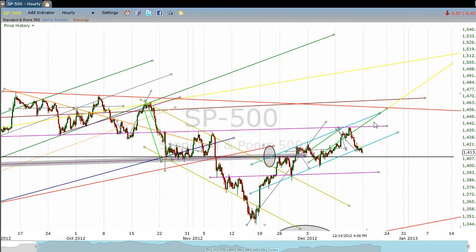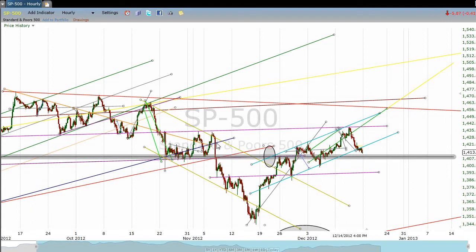For one, that really is kind of the area that is marked by the extended neckline from our triple top back in September and October. Okay, you can see that line extended. Tried on the week of the 22nd.